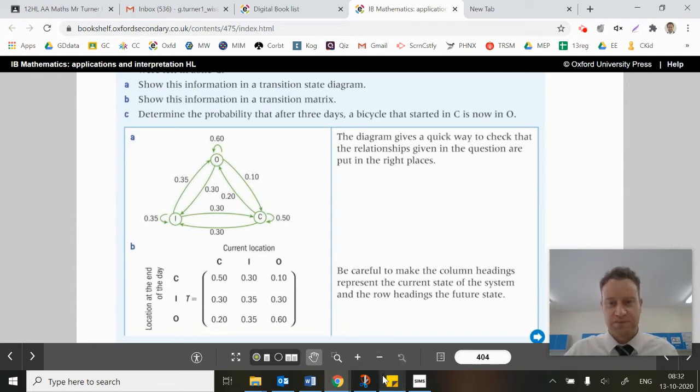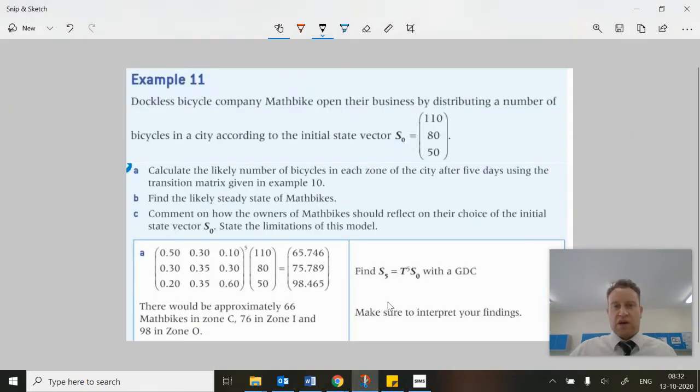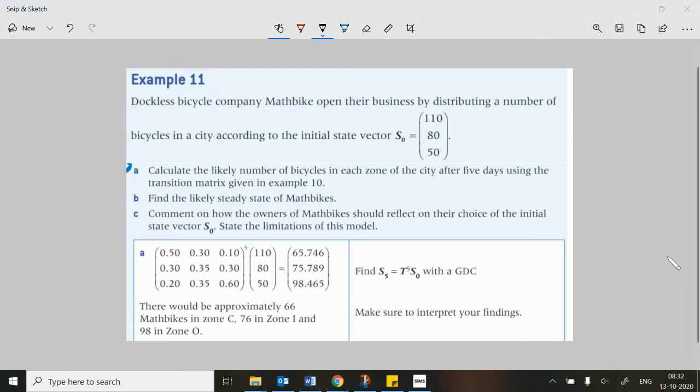and then let's go back to a bit of the detail as well. Okay, so this is the example question, which is taken from 9F, but it's now in 9G as well, and they're developing it further. So we've still got this dockless bicycle company, Math Bike, and they still have their 3 locations.